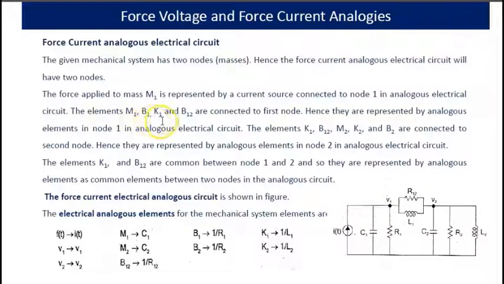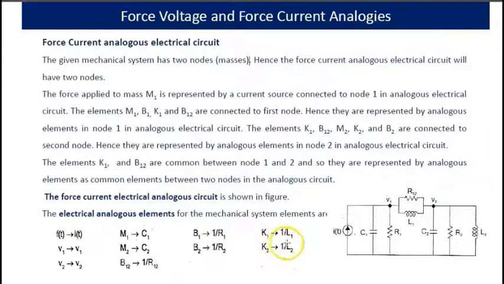The elements M1, B1, K1 and B12 are connected to first node. Hence, they are represented by the analogous elements in node 1 in the analogous electrical circuit. Similarly, elements K1, B12, M2, K2 and B2 are connected to second node, and hence they are represented by analogous elements in node 2. And again, K1 and B12 are common between two nodes, so they are represented like this.